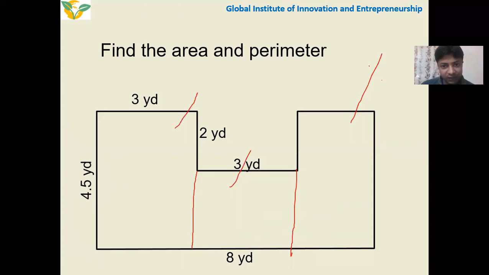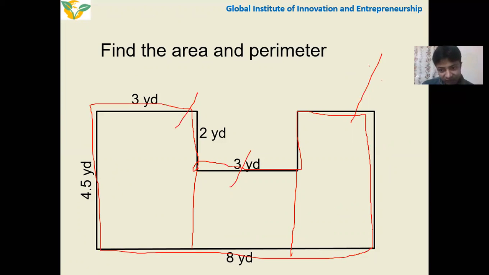And in order to calculate the perimeter, you know each and every dimension. We will start from here, move along this direction, move along this figure, and come to the same point from where you have started. And by summing these 3, 4, 8, this distance will be 4.5 because this is 4.5. So this will also be 4.5. In order to calculate this distance, you have to do the same thing which you have done in the earlier example.